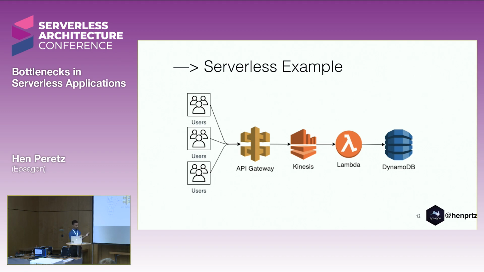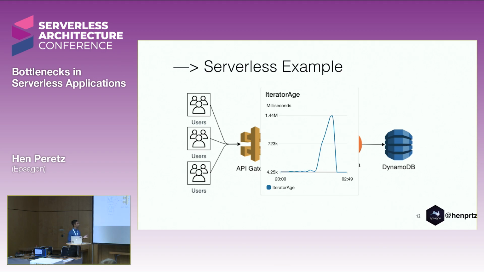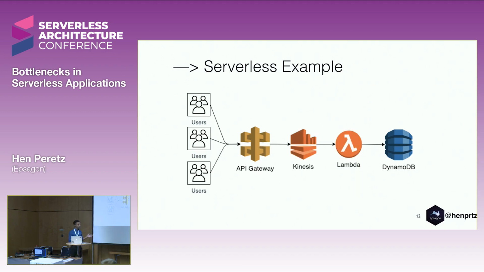So in this example, if there is any issue here, the first thing you're going to see, because you have a Kinesis, you're going to go to CloudWatch metrics and you're going to see the iterator age just jump to the skies. And this means that all the data that was transferred from the API Gateway to Kinesis is now waiting, and all the requests from your users are now in line, and this can be a very long line.